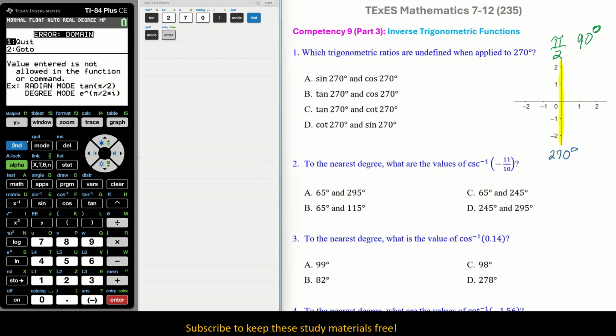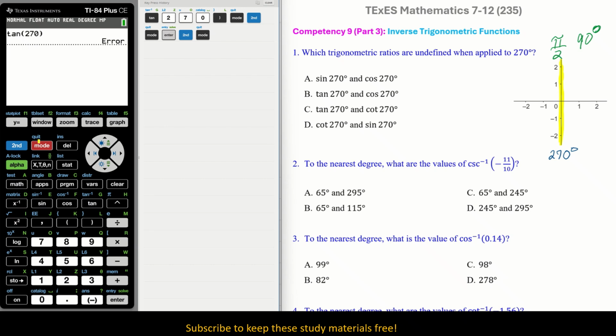So the only option we have would be C. However, we need to look at the others so we can prove it to ourselves. Anything to do with tangent, cotangent, we just checked.